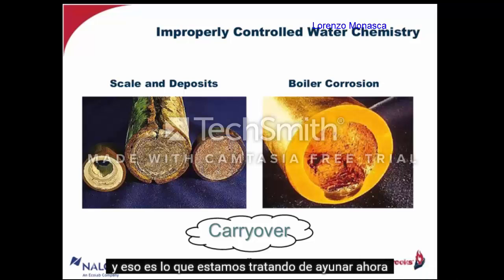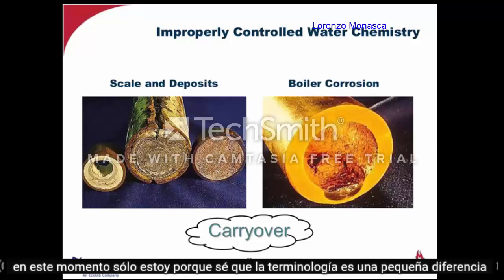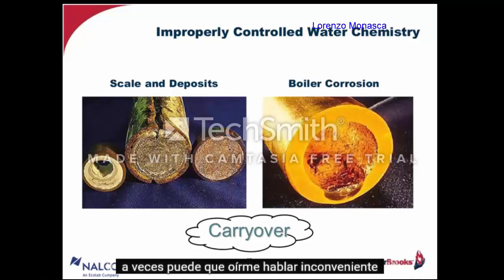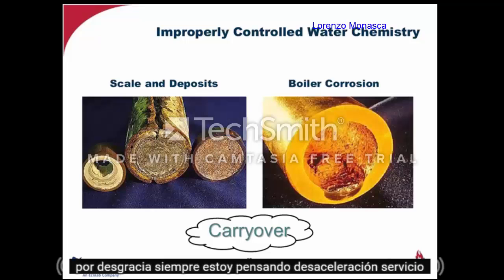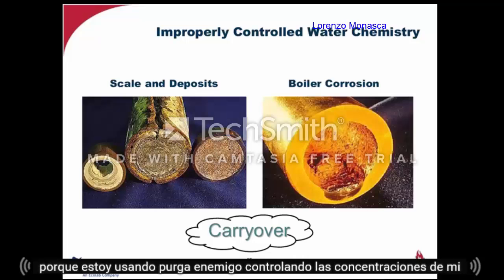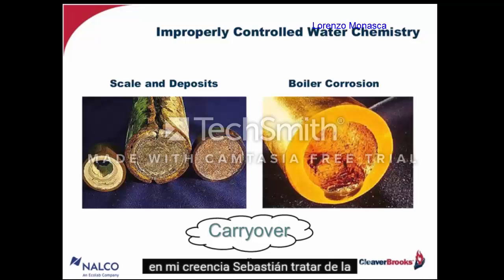and that's what we're trying to prevent. Now, at this point in time, just because I know the terminology is a little different between what Steve is used to and I am used to, I'm going to clarify. Sometimes you might hear me talk about blowdown. I use that as a generic term, and unfortunately, I'm always thinking surface blowdown, although I might not say it. So when I say blowdown, and I agree totally with what Steve has already told you, it's the surface blowdown that I'm talking about, because I'm using blowdown as a means of controlling the concentration of solids in my boiler water.